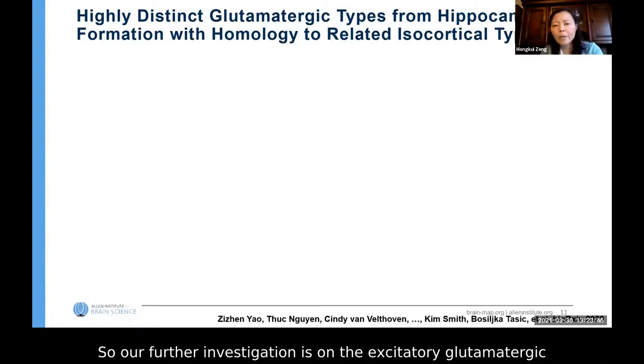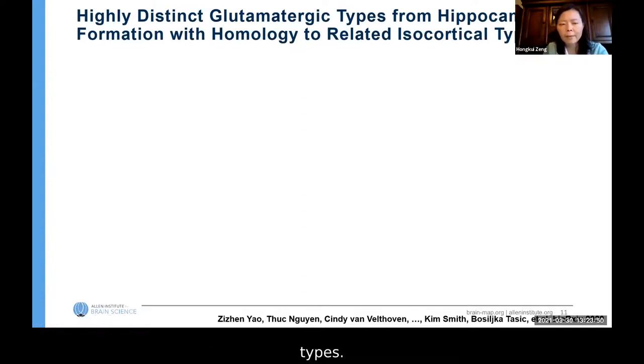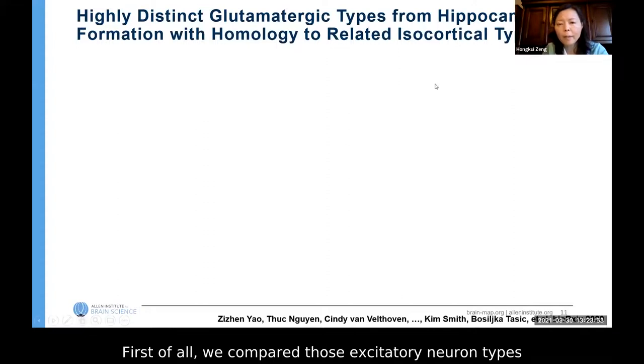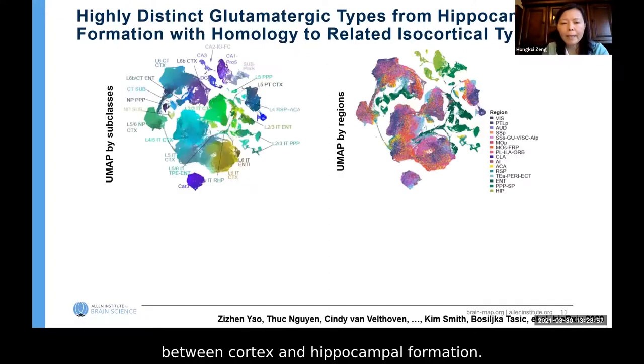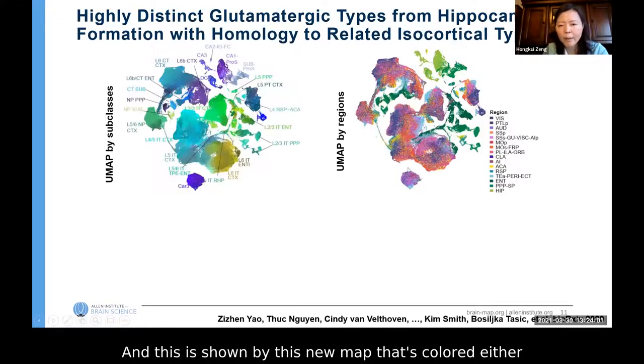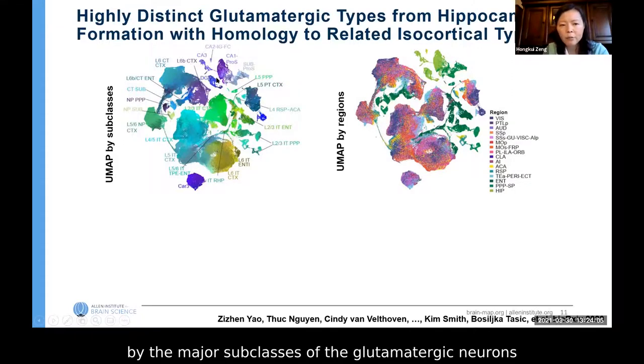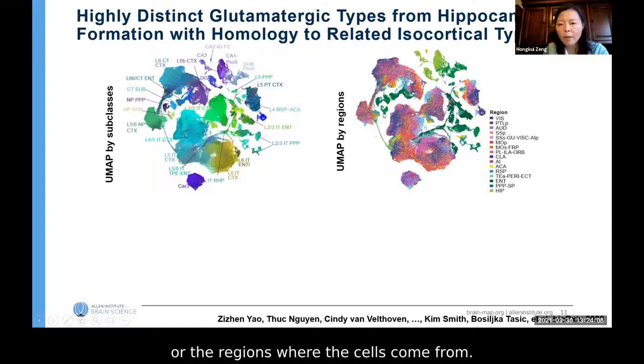Our further investigation is on the excitatory glutamatergic types. First of all, we compared those excitatory neuron types between cortex and hippocampal formation. This is shown by this UMAP that's colored either by the major subclasses of the glutamatergic neurons or the regions where the cells come from.